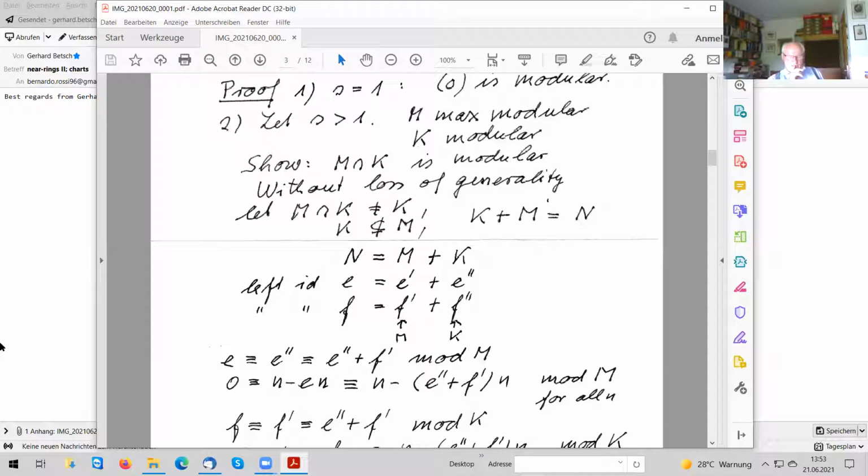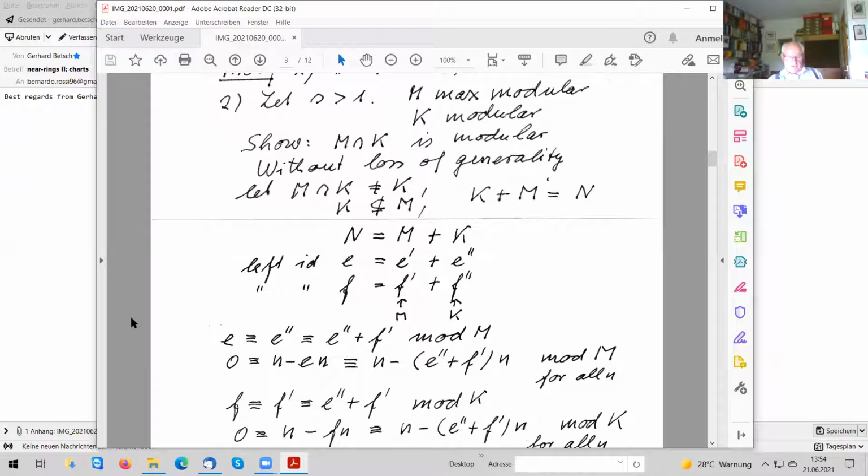E is congruent to E double prime, congruent to E double prime plus F prime modulo M. Okay, look at these equations. 0 is congruent to n minus En, congruent to n minus (E double prime plus F prime) times n modulo M, because E is congruent modulo M to this expression.